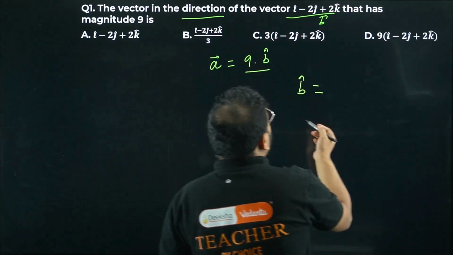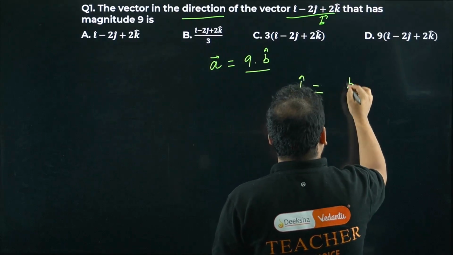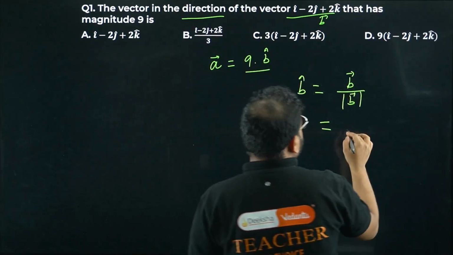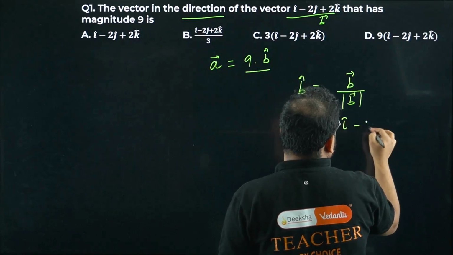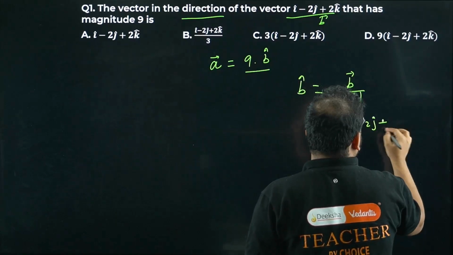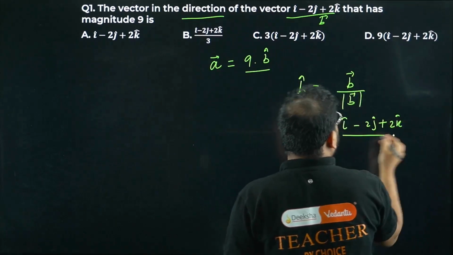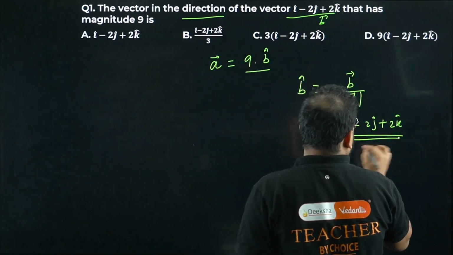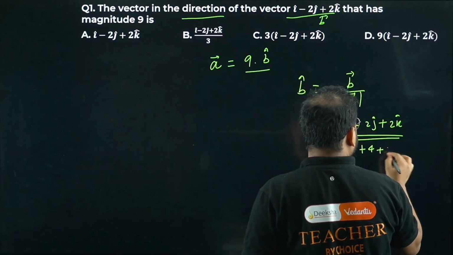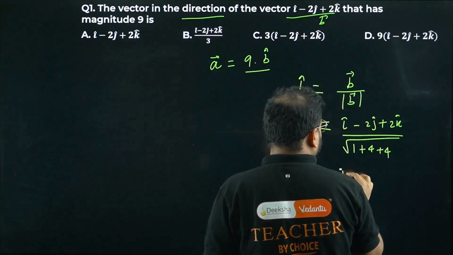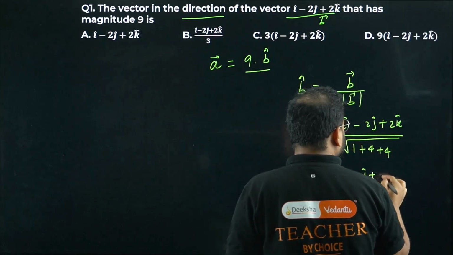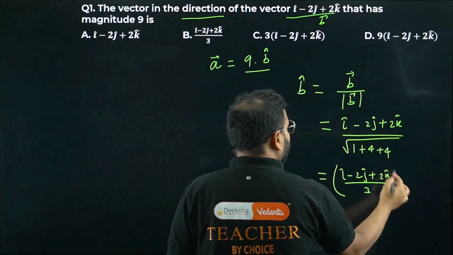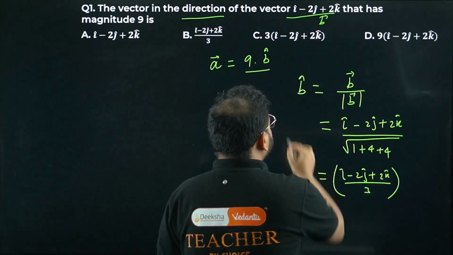So we write B cap as the vector divided by its magnitude, root of 1 plus 4 plus 4, giving i minus 2j plus 2k by root 9, so 3. This is the value of B cap.